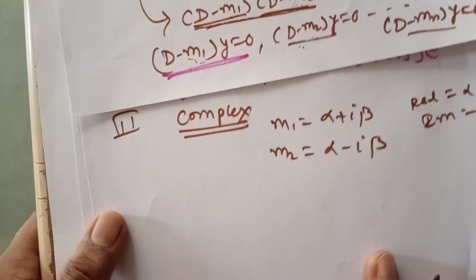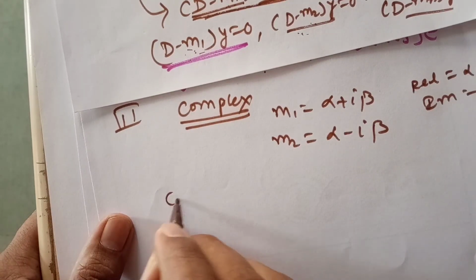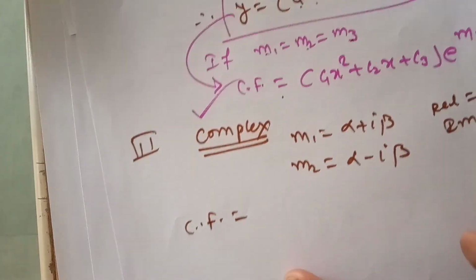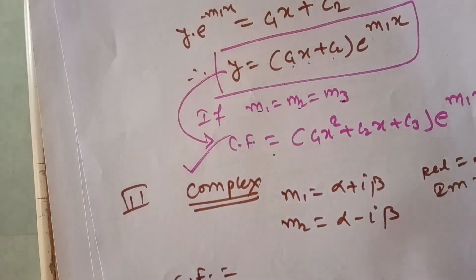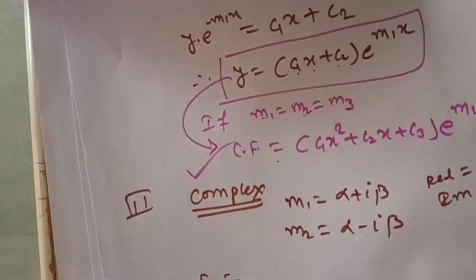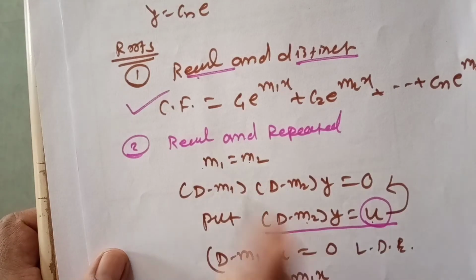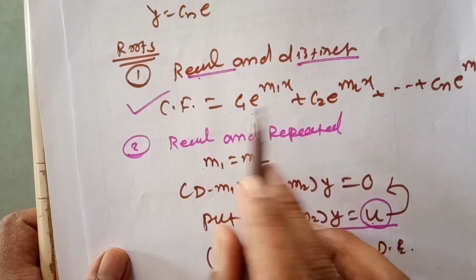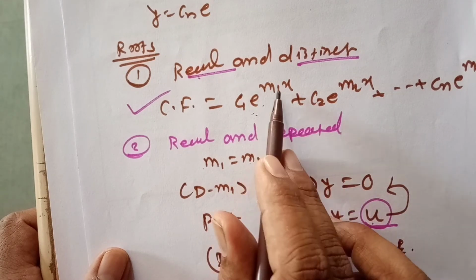Now again, I will try to find out the CF in this way. We know that if roots are real and distinct, our CF is C1 into e raised to m1x plus C2 into e raised to m2x. I will take only two roots and then we will try to find e raised to m1x and e raised to m2x.